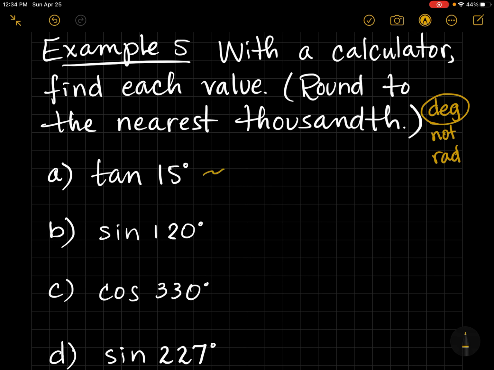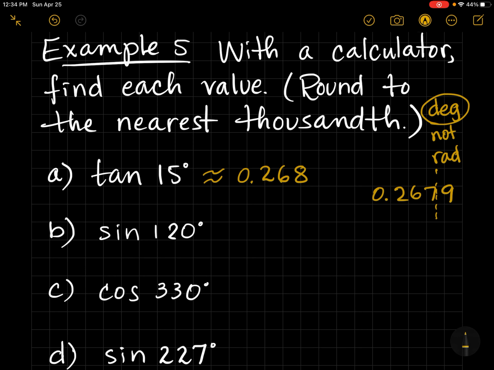So to the nearest thousandth, and because I'm rounding to 3 decimal places, I like the leading 0 before the decimal, just to make sure I don't overlook the decimal. So I'm seeing 2, 6, 7, 9. So 6, and the 7 is going to round up to an 8, because on the calculator, this is what I saw.